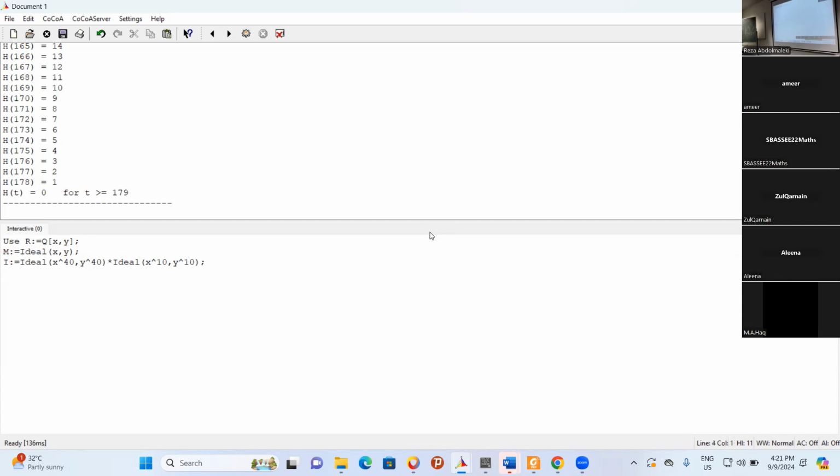Then here I add my power of m, and we look for the minimal generators of powers, from 1 to, for example, let's say 6.